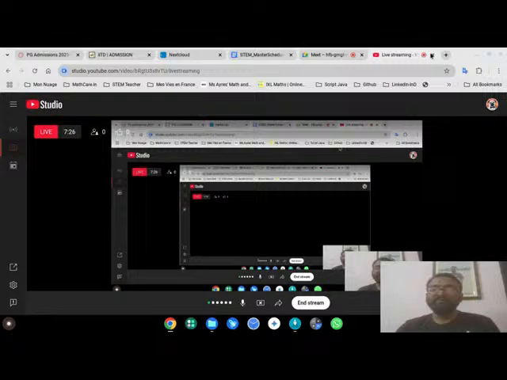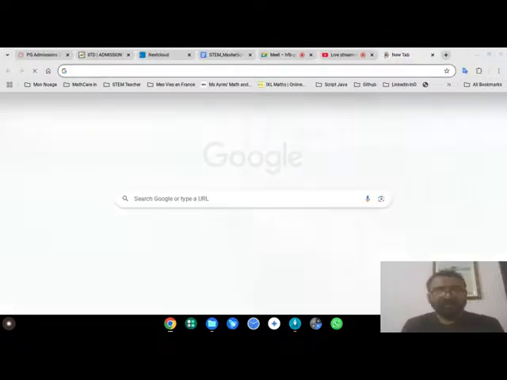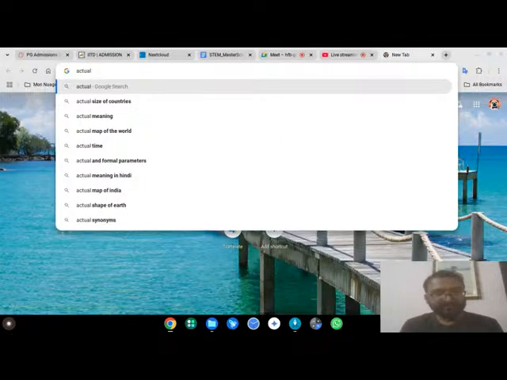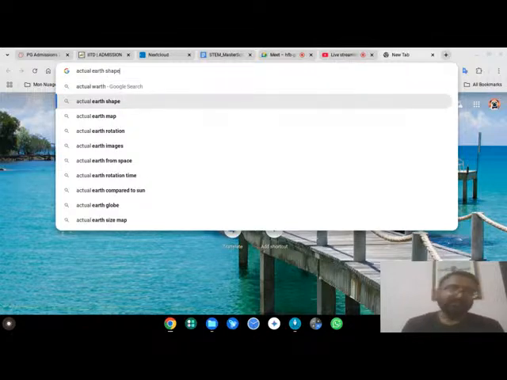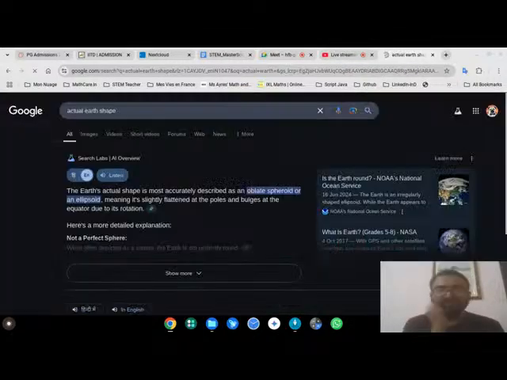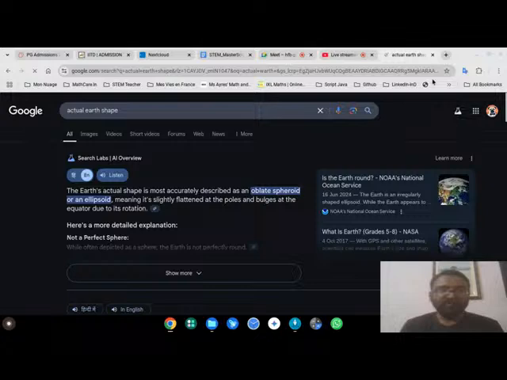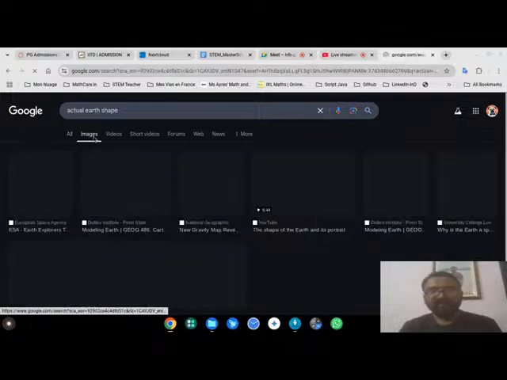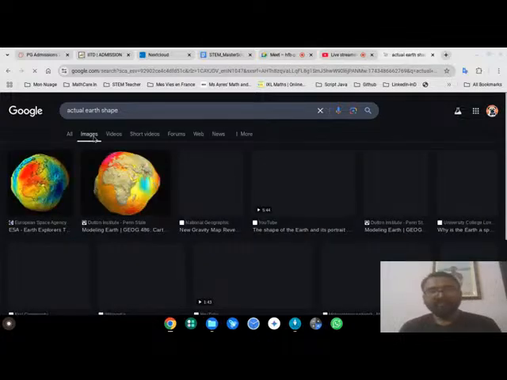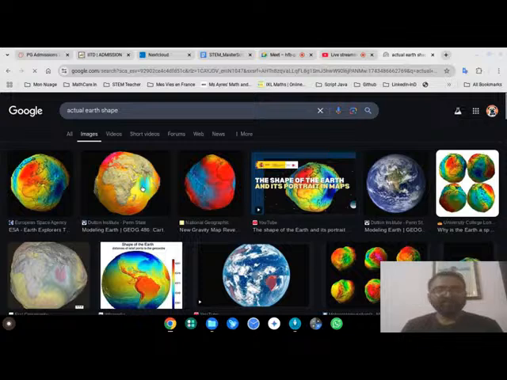They change the system. This is the actual Earth shape. Can you see this? What does the actual Earth look like? It is not a simple ball.